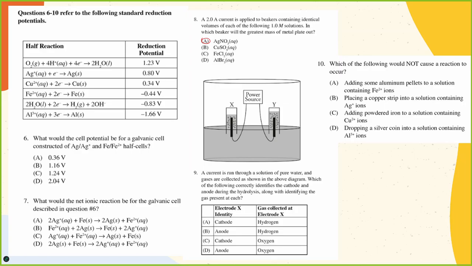In order to react, it is going to have to flip and be oxidation. So the gas that would be produced here is O2. So that would be at the anode. At the anode, you're going to have oxygen. At the cathode, you would have hydrogen.